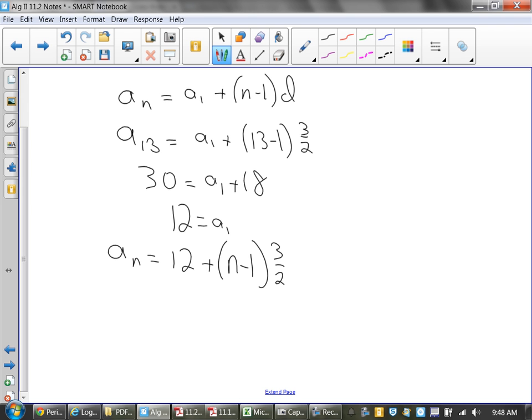So you wind up with 12 plus 3 halves n minus 3 halves. You always write it back down into combined like terms with just a constant and something.